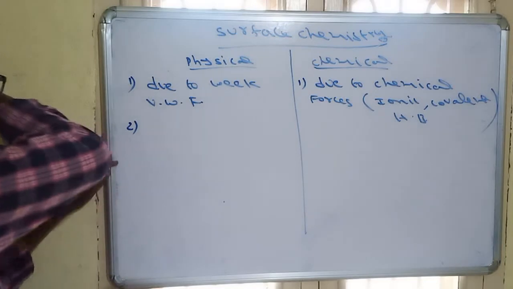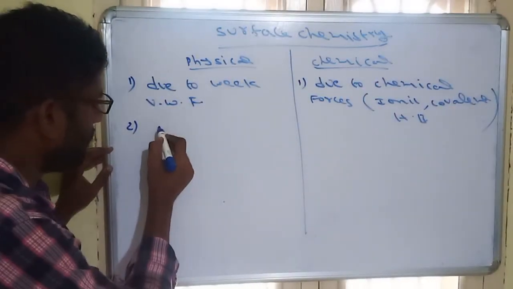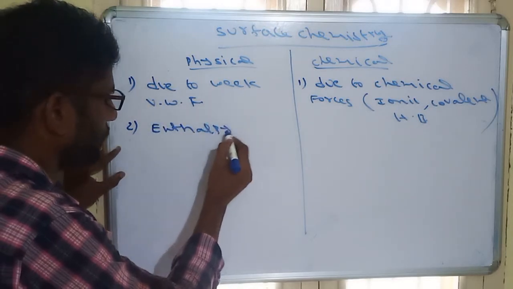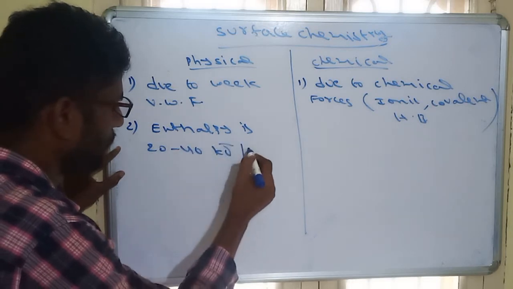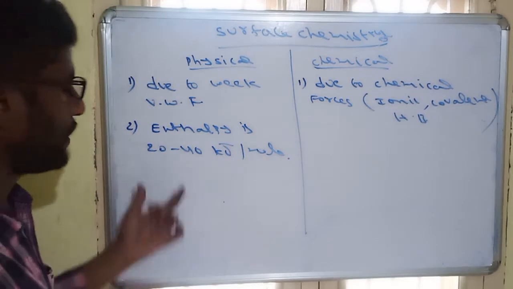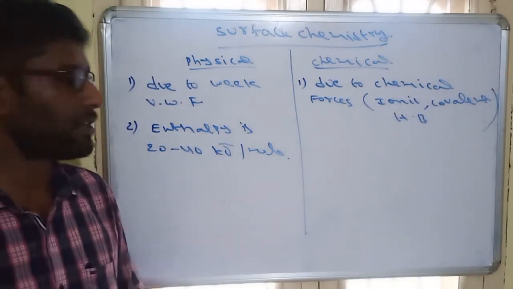When weak forces are there, the released energies will also be lesser. Here the released enthalpy is nearly 20 to 40 kilojoule per mole. So 20 to 40 kilojoule per mole of energy will be released during this adsorption.